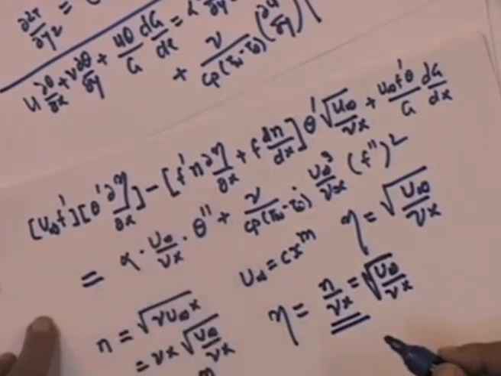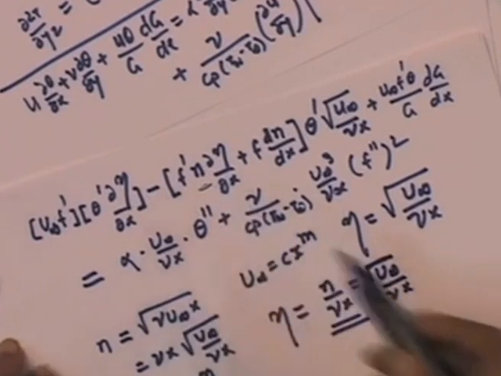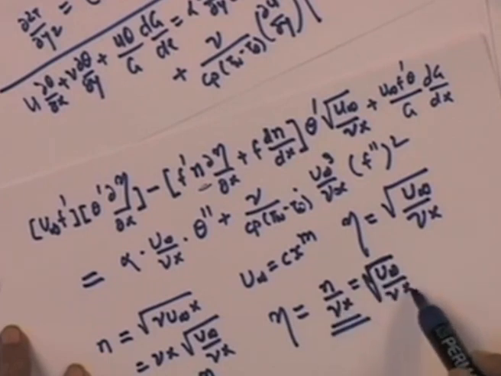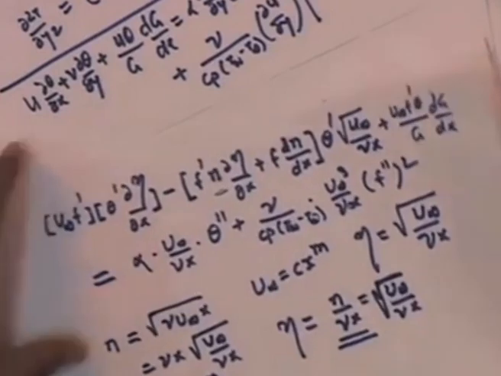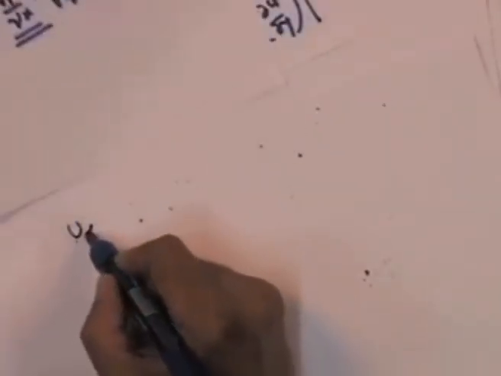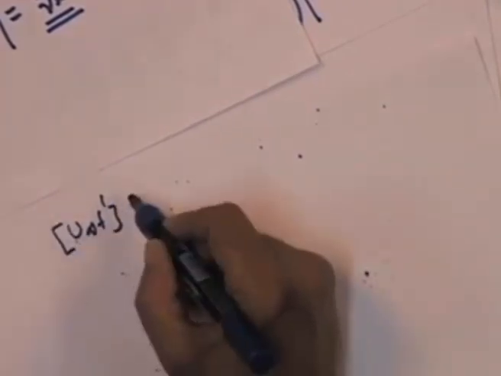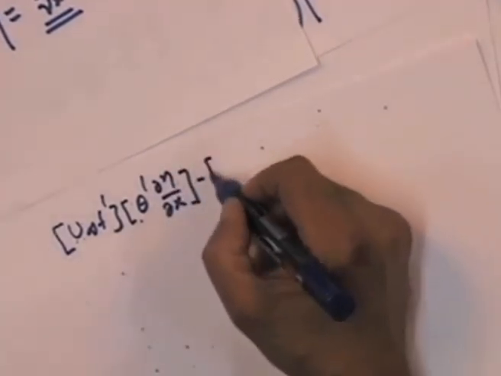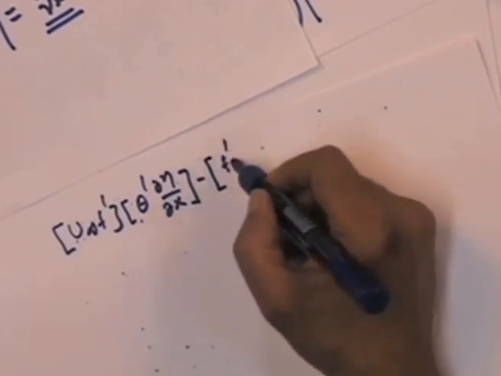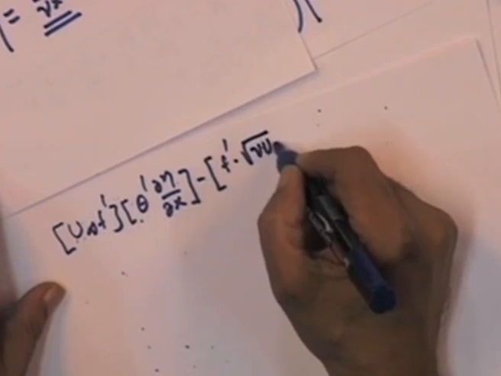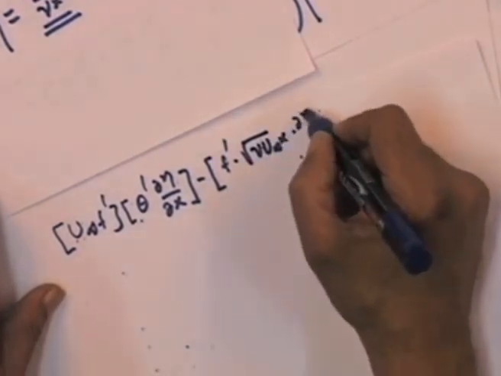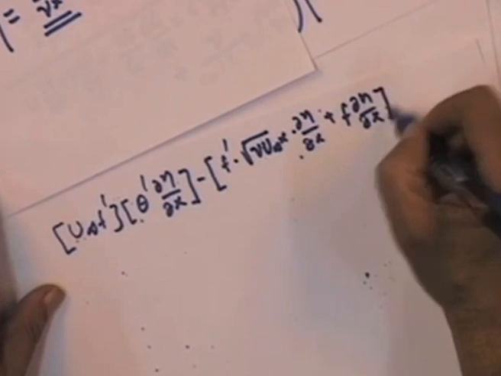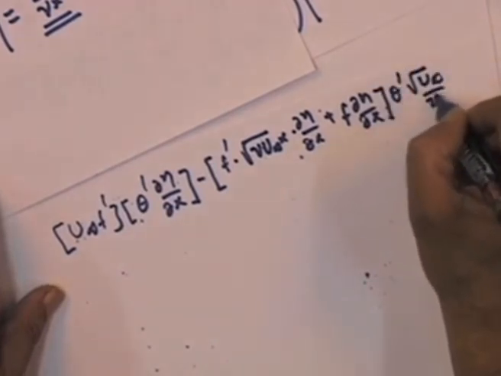So, remember, if I were to replace this n by n nu x u infinity by nu x, then you will see that I get u infinity f dash into theta dash d eta by dx minus f dash n, where n is equal to under root nu u infinity x, d eta by dx plus f dn by dx into theta prime under root u infinity by nu x.